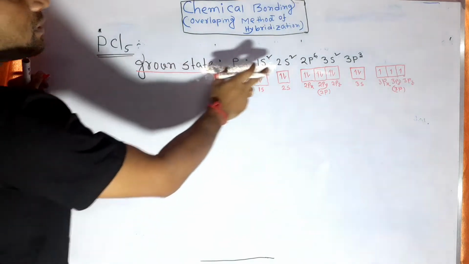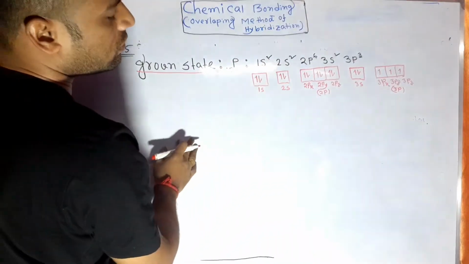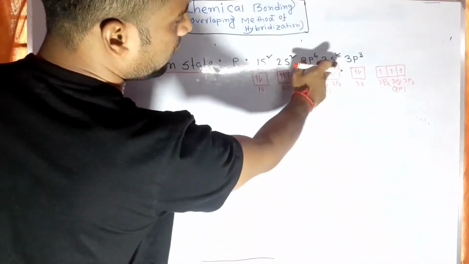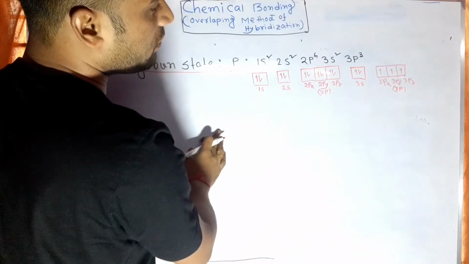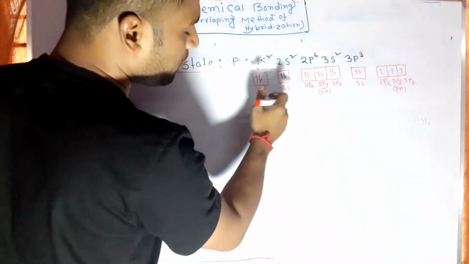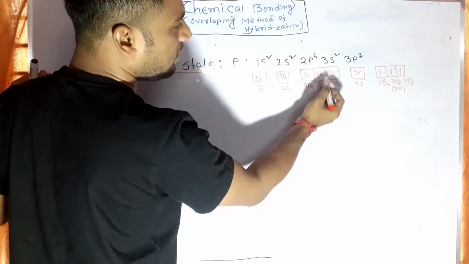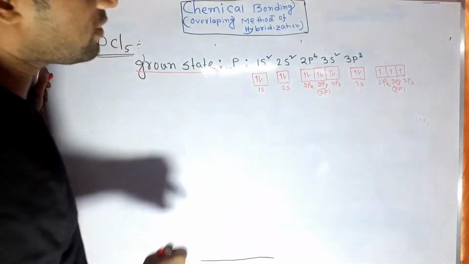Then we only take the outermost orbital, that means the valence shell. What is the valence shell? The outermost shell of an atom is known as the valence shell.